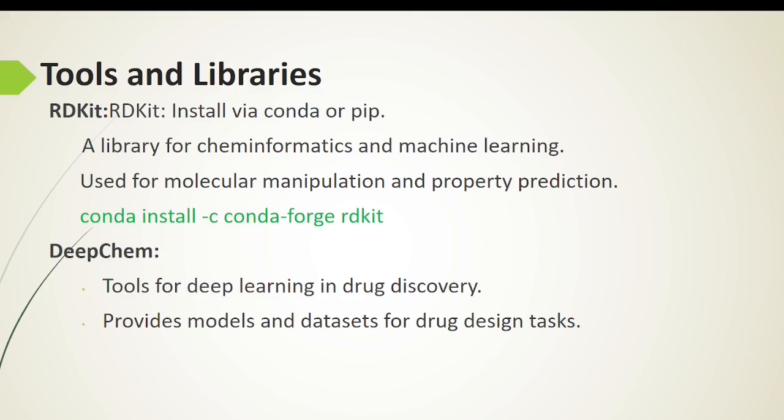For example, RDKit is the basic tool used for the Lipinski rule of five, that is, five parameters that need to be passed for any ligand molecule to be considered a drug-like molecule. So we can use RDKit. We can install RDKit in Python using that command. I have given that command in the green highlighted portion. You can use that command on your command prompt, and then you can install RDKit.